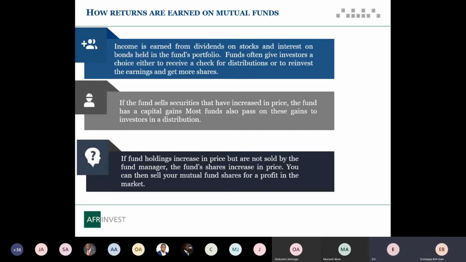So it means that you made 10 naira in gains. The fund manager can decide to sell the security since it has already made a gain of 10 naira, and then that 10 naira is distributed across all the investors in the mutual fund.